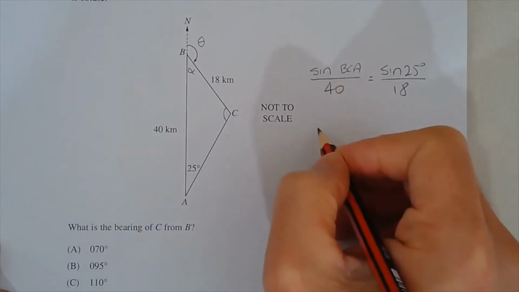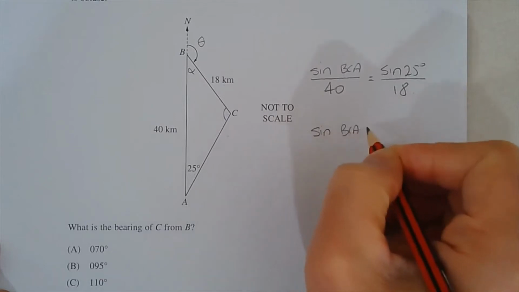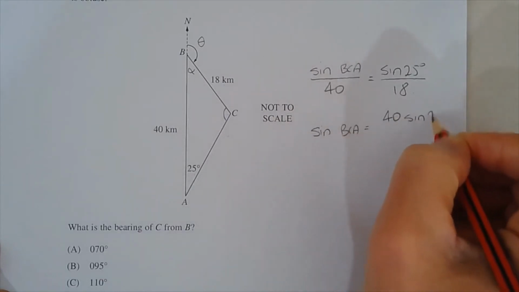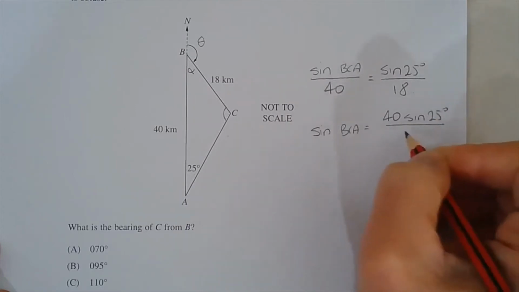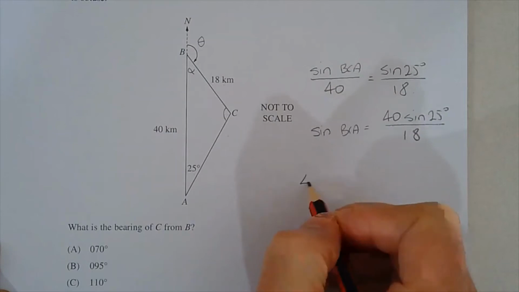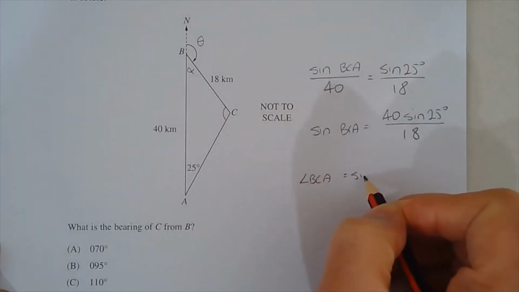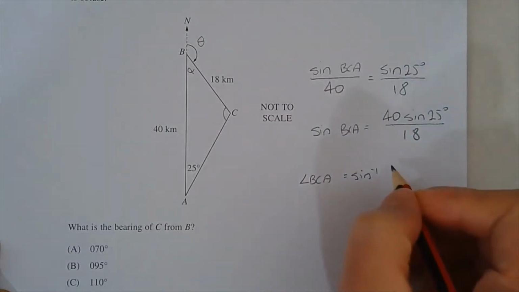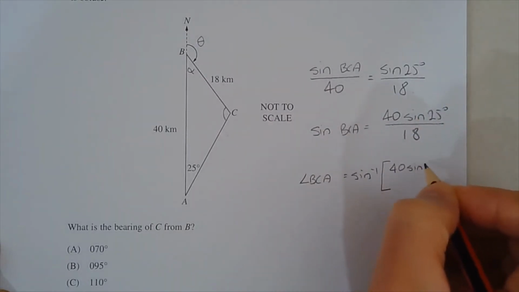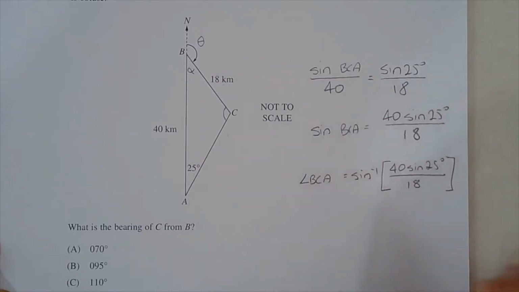So sine of BCA is equal to 40 sine 25 degrees over 18, and angle BCA is equal to inverse sine of 40 sine 25 degrees over 18.